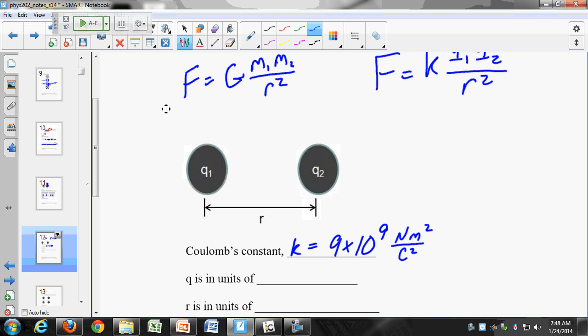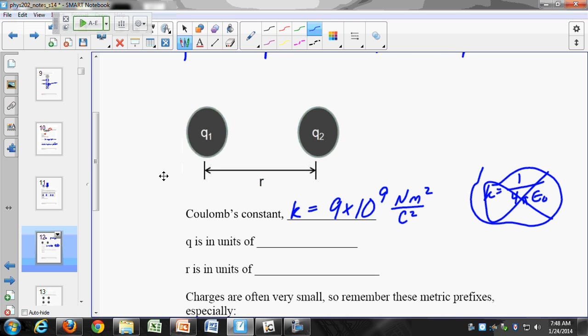I won't use it in this way, but this is just an aside, you might see this elsewhere, not in this class though: Coulomb's constant is equal to 1 over 4 pi epsilon naught, where epsilon naught is the permittivity constant. But that's just an aside. You don't need to know it. Okay, Q is in units of coulombs, so we'll use the SI unit for that. R is in units of meters.